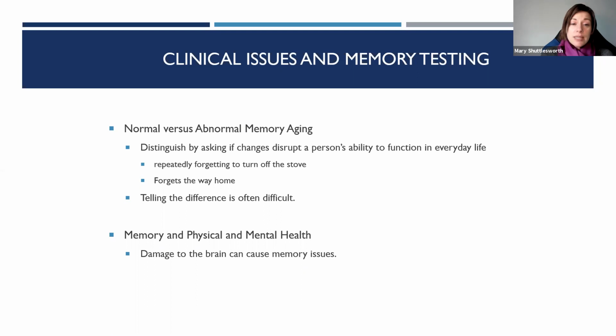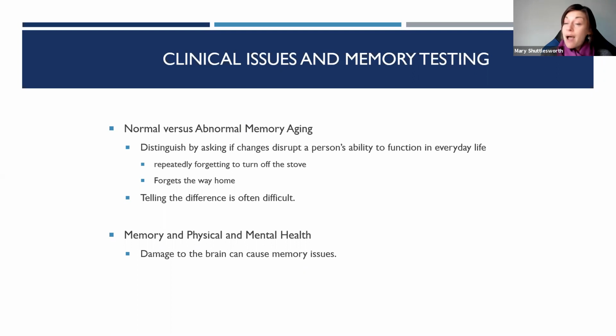We also see that issues connected to mental health and physical health, where damage to the brain could potentially be involved, can also present as memory loss issues. So this is a very complicated kind of issue. There's a lot of testing that might be done to distinguish between memory issues.